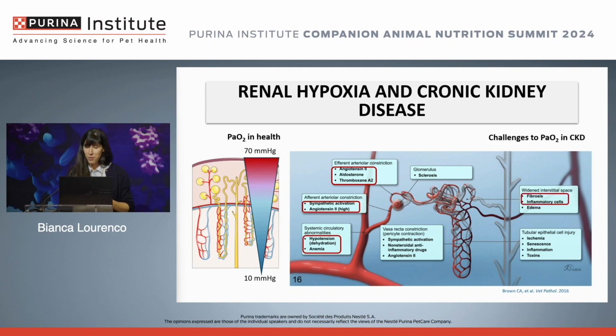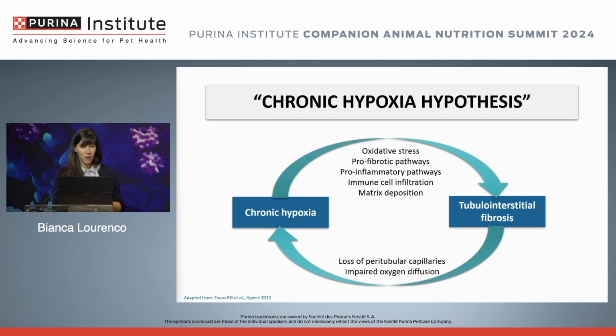And the other, which I think is one of my favorite things to consider, is how fibrosis and the inflammatory infiltrate actually widens the distance between the peritubular capillaries and the blood supplies, and the tubules themselves, and therefore increases the oxygen diffusion distance. And so therefore promotes hypoxia as well. So there's this thing called the chronic hypoxia hypothesis, which is sort of this unifying theory to explain progression of many chronic kidney diseases.